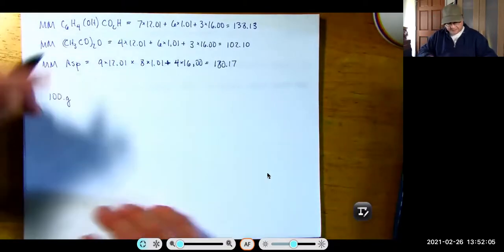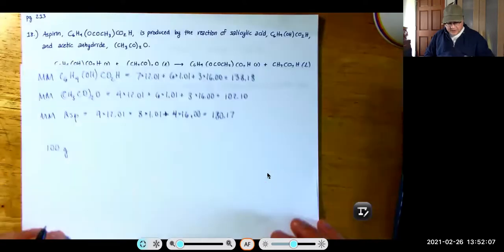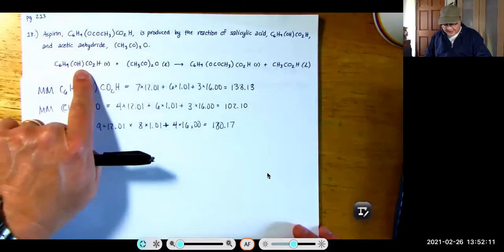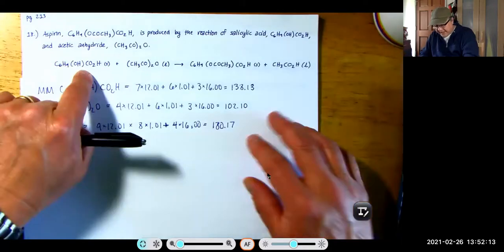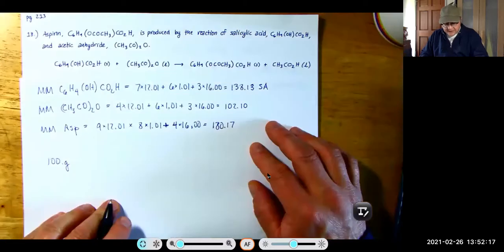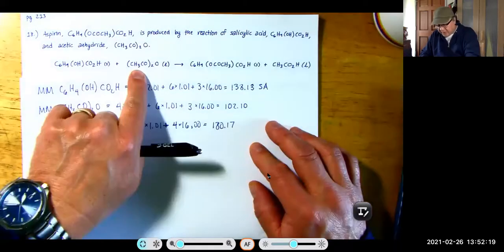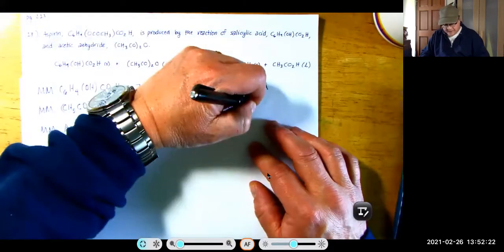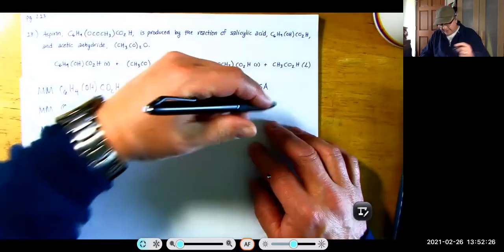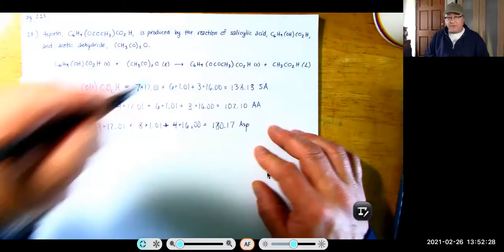And here, this first thing here is called salicylic acid. So I'm going to put SA here for salicylic acid. The second one is called acetic anhydride, so I'm going to call that AA. And this one is aspirin, so I'm going to call that ASP, so that I don't have to write out the formula here.